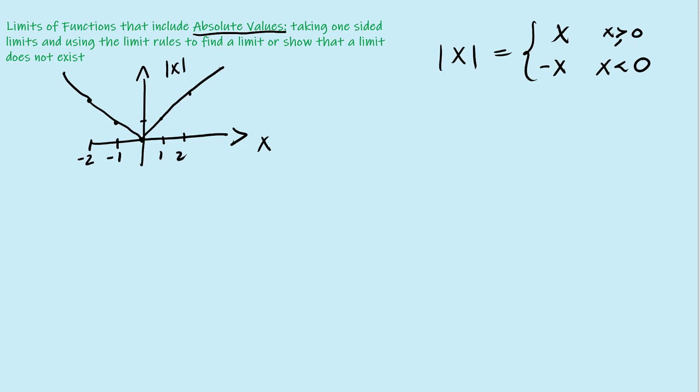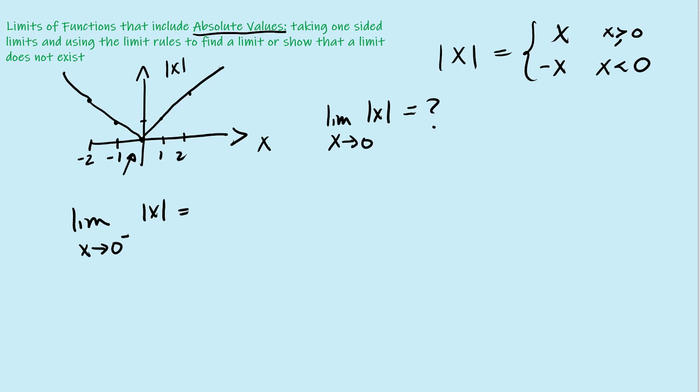But the point here is that now we want to look at the limit of absolute value x as x goes to 0. And we can ask ourselves what that's equal to. Now, here, because the function behaves differently at positive and negative numbers, we might expect that there might be some strange behavior at x equals 0. So we can look at the one-sided limits of this function as we go to 0. So what is the limit as x goes to 0 from the negative numbers of absolute value x?